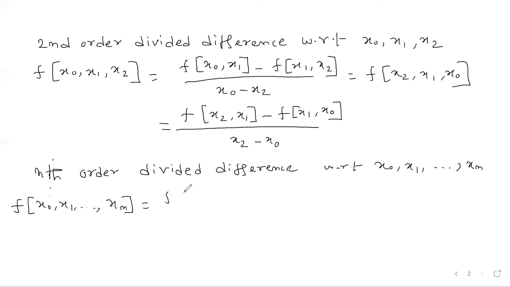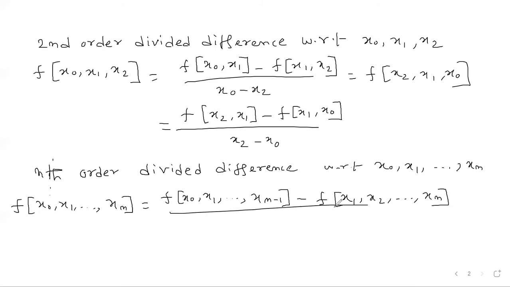That is equal to f of x0, x1 up to x(n-1) minus f of x1, x2 up to xn upon x0 minus xn, the first point minus the last point, which is also going to be the same as f of xn, x(n-1) up to x0. So this is how we define nth order divided difference.